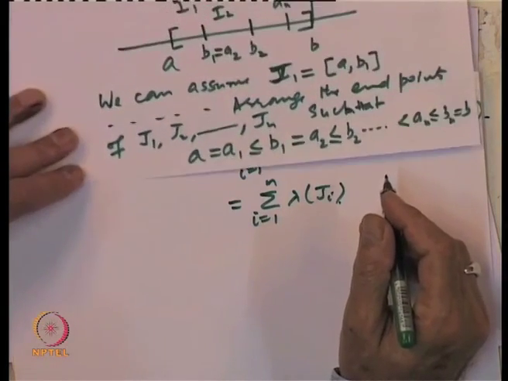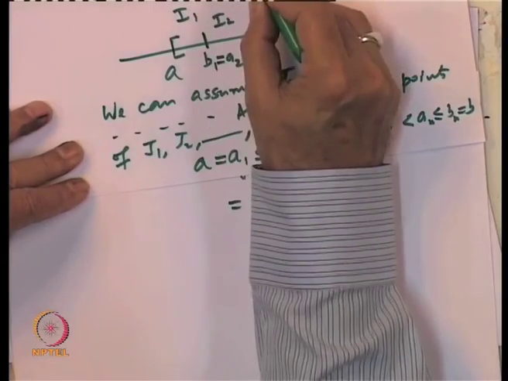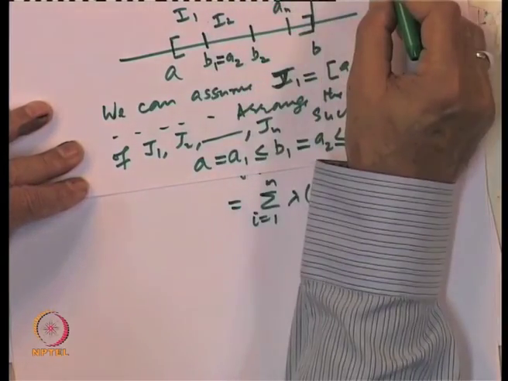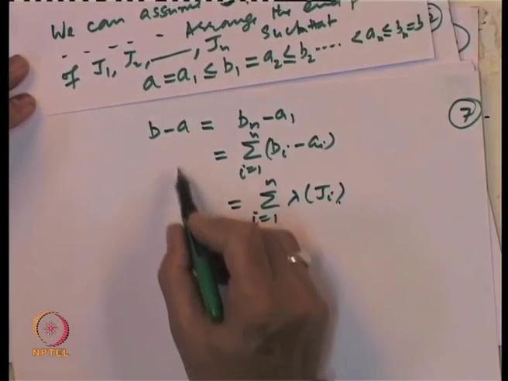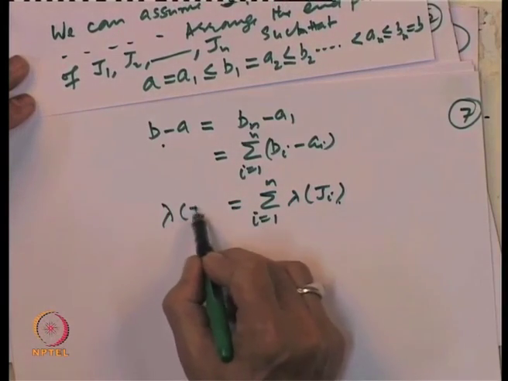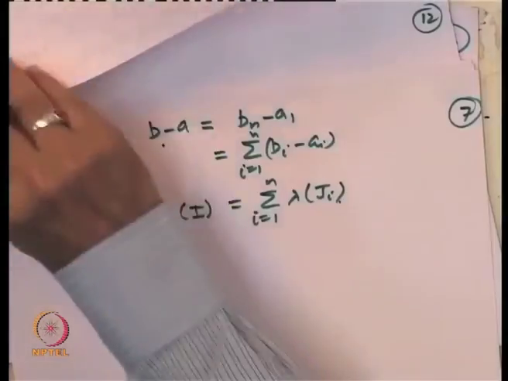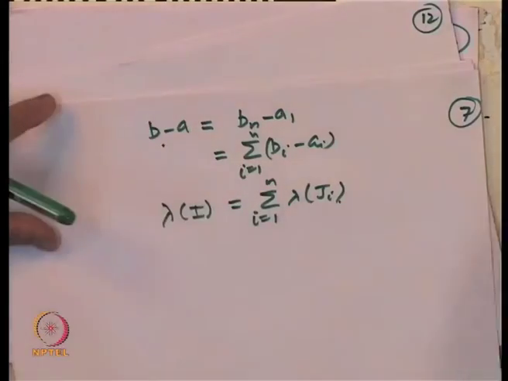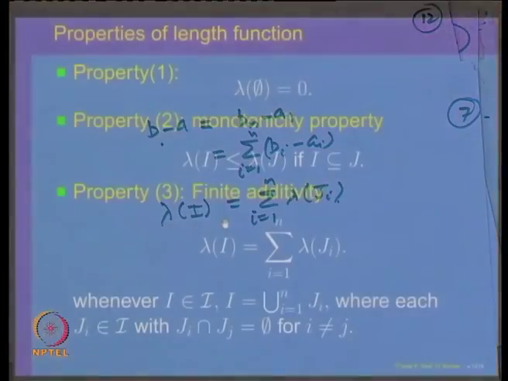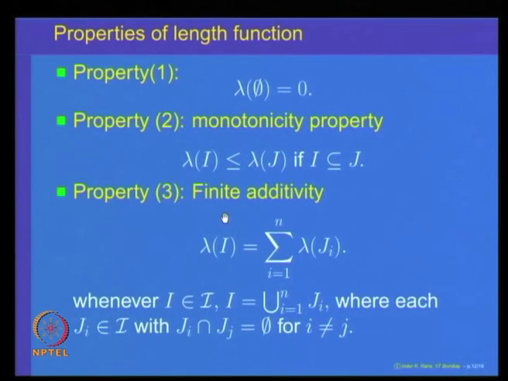So, whenever I is a finite interval, I is equal to the union of j_i's, pairwise disjoint, we have gotten that the length b minus a of the interval I is equal to the summation of the lengths of j_i's. So, that means the length function lambda is finitely additive. Namely, if an interval I is a finite union of pairwise disjoint intervals, then the length of the interval I is equal to the summation of the lengths of j_i's.